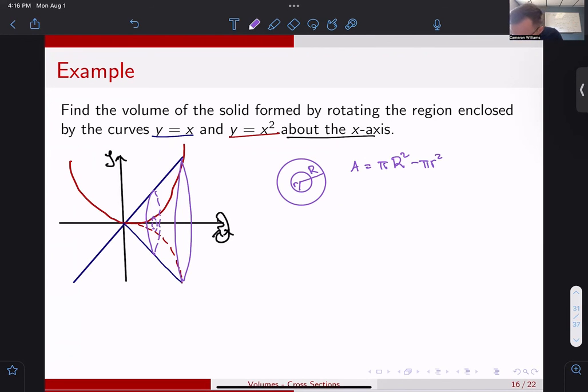All right, so what do big R and little r represent? Well, here is big R. It is the distance from the axis of symmetry to the outer function. And again, this ties into the area between curves. We had to determine what was our top function, what's our bottom function. Well, here, what's our outer function, what's our inner function.